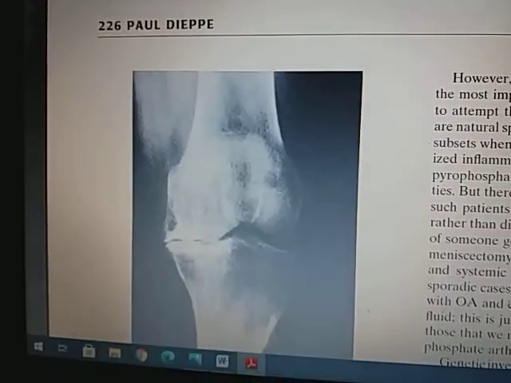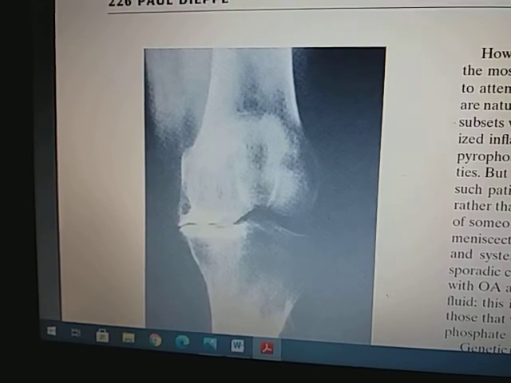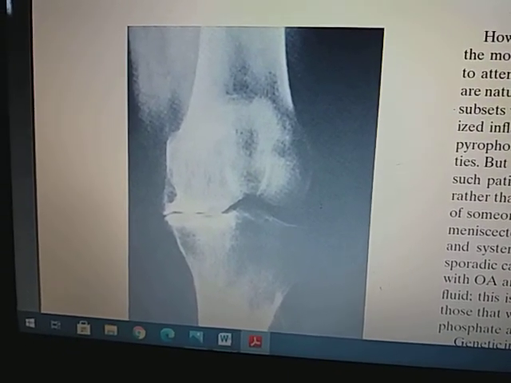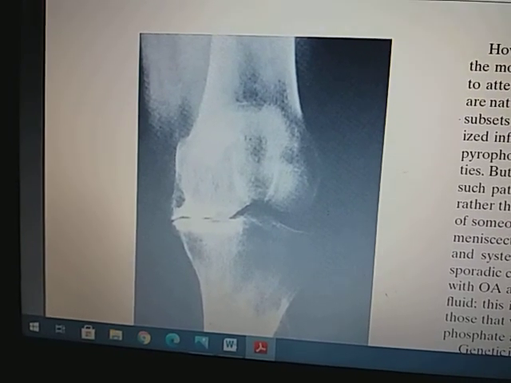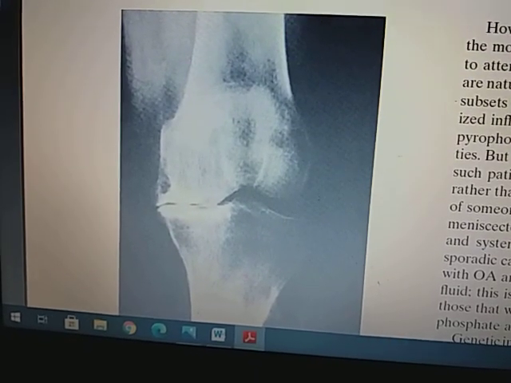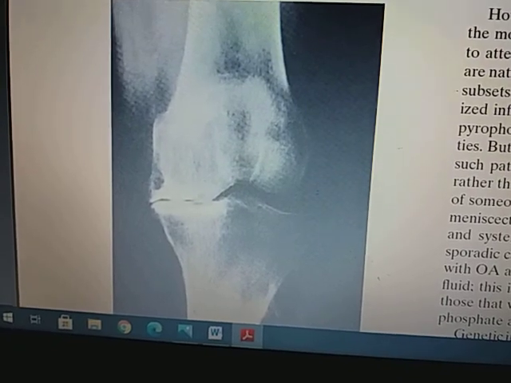X-ray of the advanced OA of the knee showing a typical medial compartment involvement. So there is a disproportional narrowing of the medial compartment of the knee.